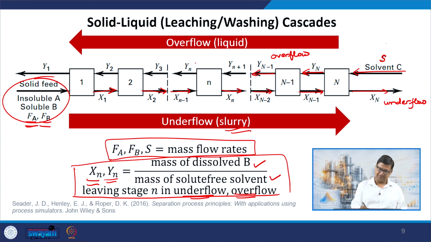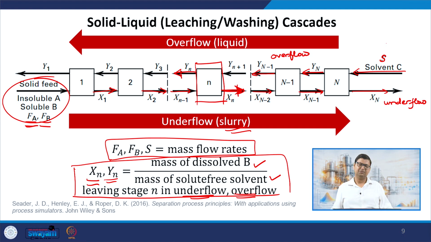So this is my stage small n. So what leaves out of this is xn, that is moving towards the right, and yn, that is moving towards the left, and the compositions, the mass fractions, are with reference to the mass of the solute free solvent.